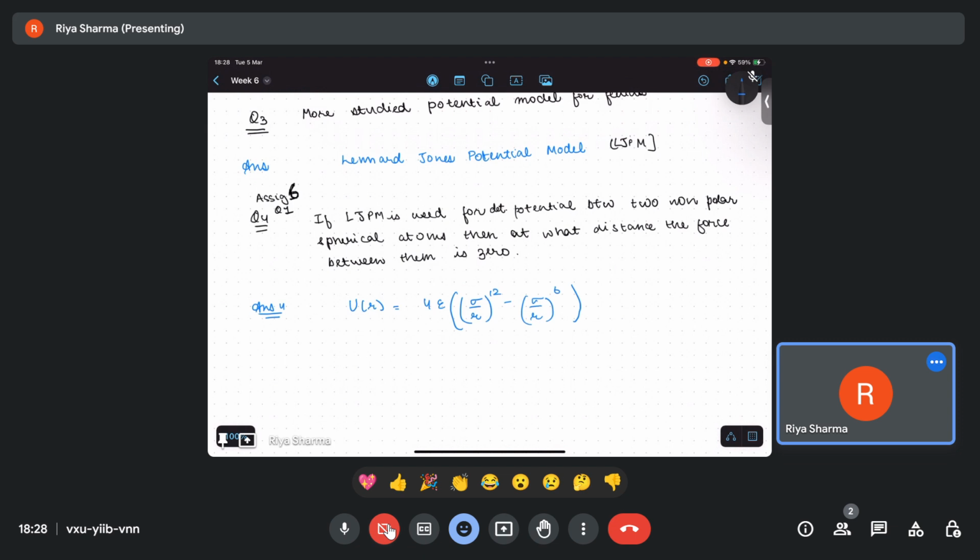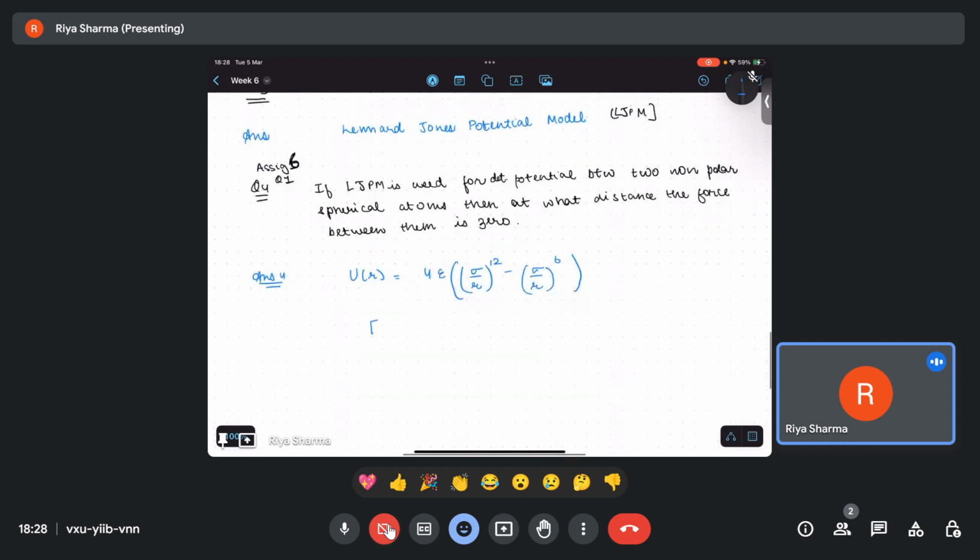Since we know that force is the first derivative, we need to find R when F is equal to 0. This is the question basically.